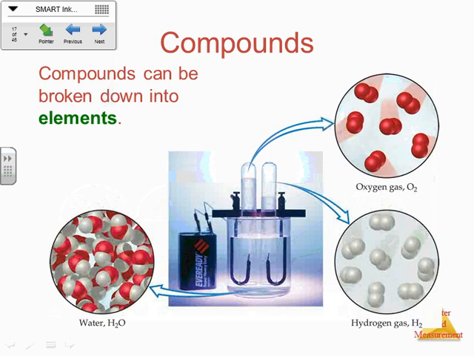Let's see, compounds. Compounds can be broken down into elements. We already talked about that a little bit when we were talking about classifications. So an example of that, if you pass electricity through water, you can get hydrogen gas and oxygen gas out. And now it's interesting, if you look at this, it looks here like we're getting about twice as much hydrogen as we are oxygen. And that has something to do with stoichiometry, which we're going to talk about in a couple of days.